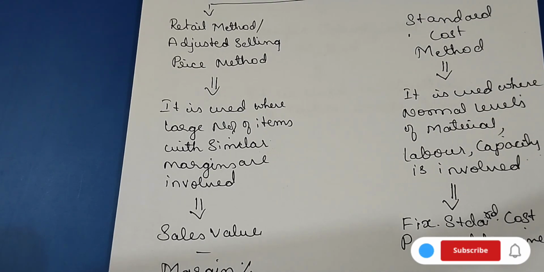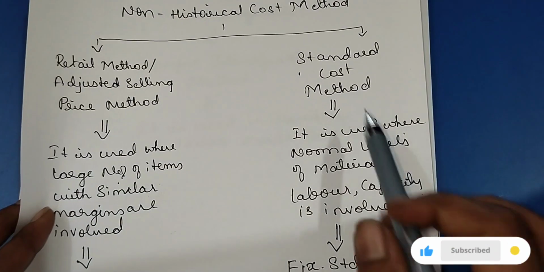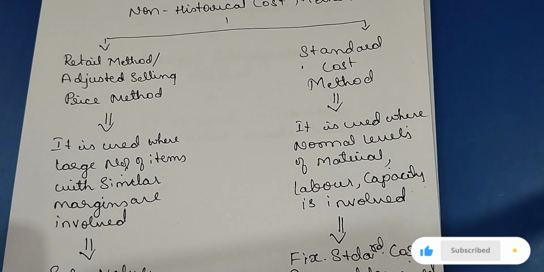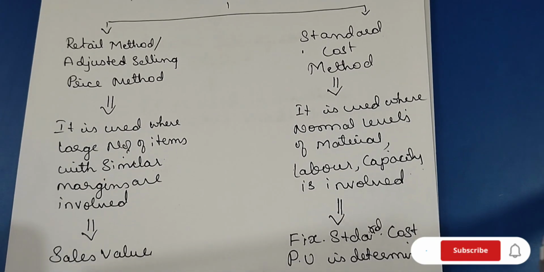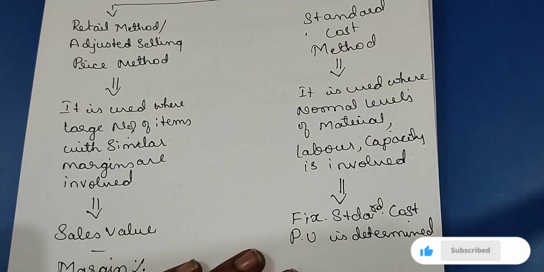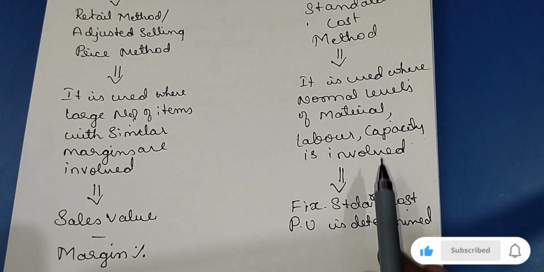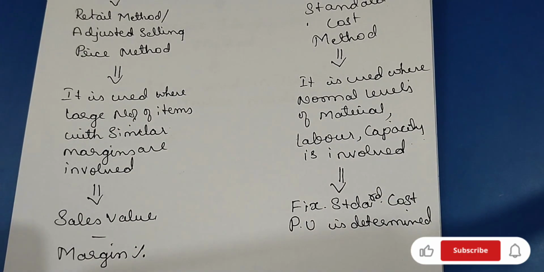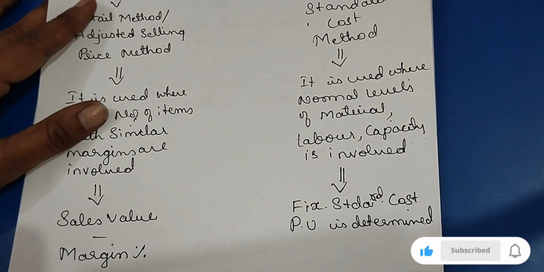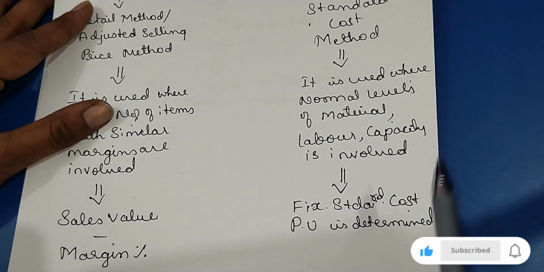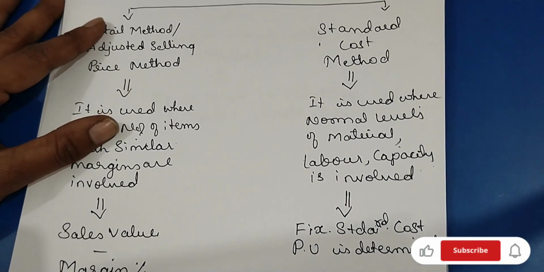Under standard cost method, we take the normal level. You always fix some standard for the usage of material, labor or capacity, whatever you are producing. For that we take the fixed standard cost per unit, and that determines the standard cost.